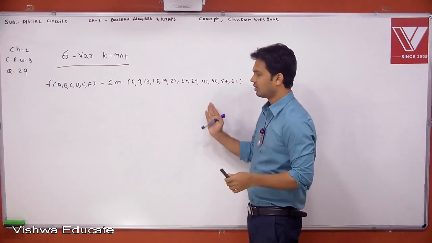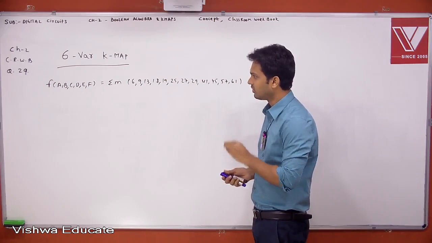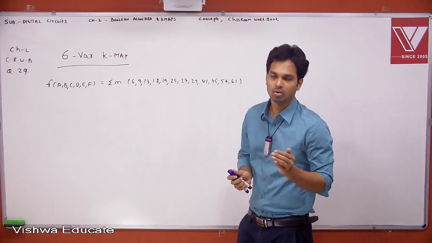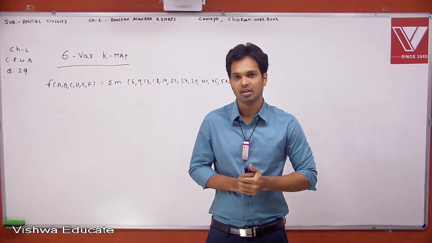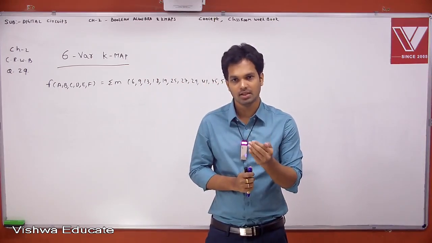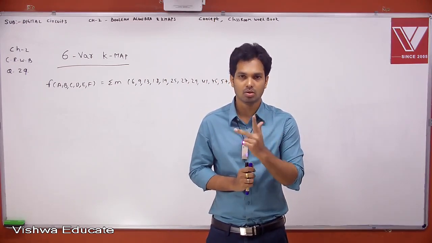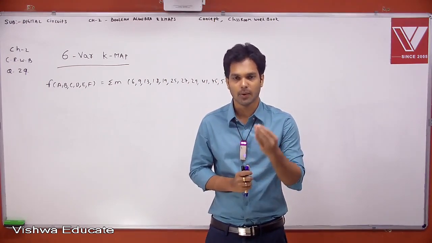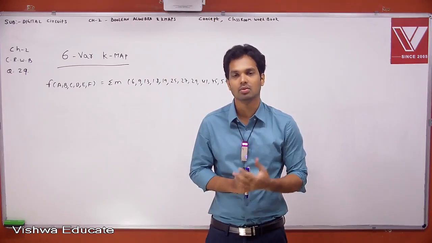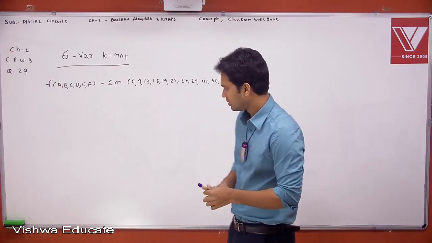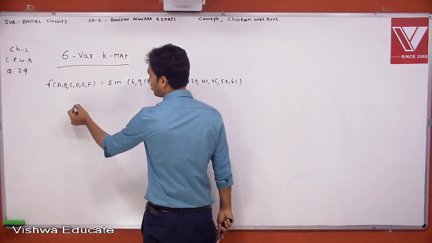See, previously for 5 variable K-maps, we took A as 0 and 1 and drew two 4 variable K-maps. Here we take 4 variable K-maps with C, D, E, F, and here A, B can be 0 0, 0 1, 1 1, 1 0. So A, B has 4 possibilities. So here we take 4 variable K-maps. Please make 4 variable K-maps.